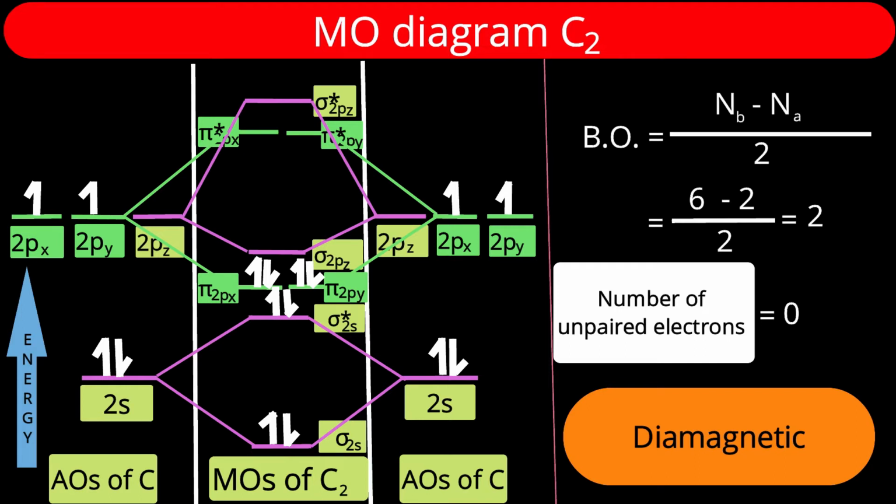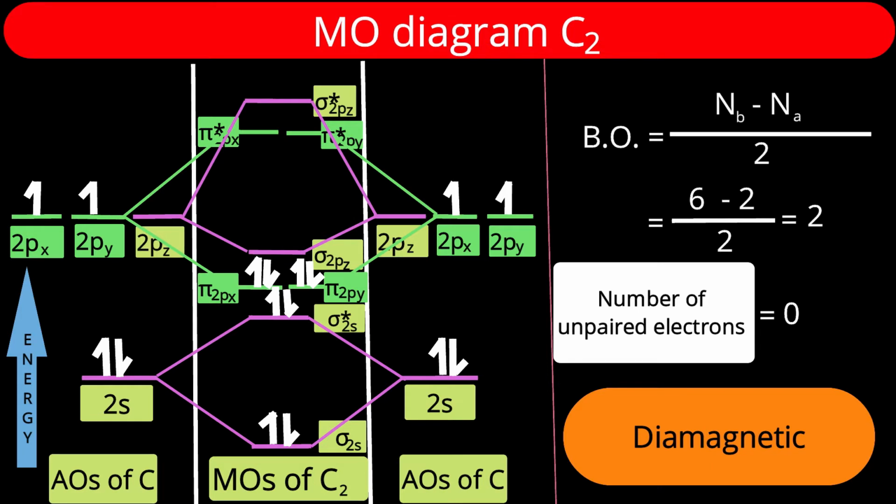As per the LCAO method, the number of molecular orbitals is equal to the number of atomic orbitals combining. How many atomic orbitals are there? 2. Molecular orbitals also will be 2. One bonding and the other antibonding. The bonding orbital I am representing here as sigma 2s, which is obtained due to constructive interference. Overlap integral is greater than 0. More electrons are there between the two nuclei, due to which energy decreased.